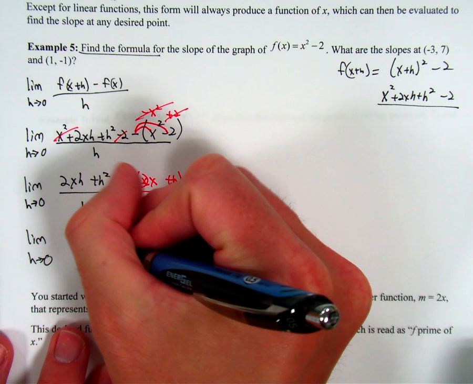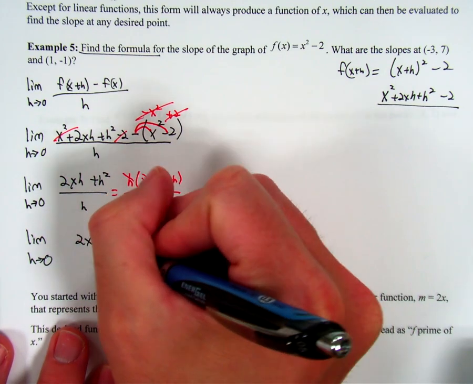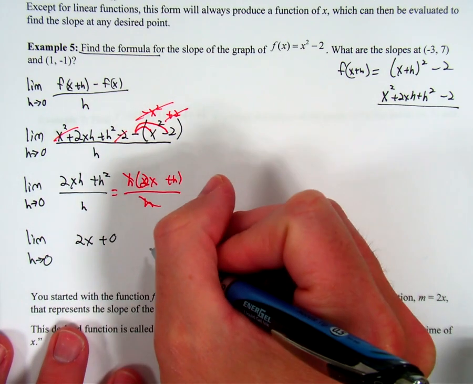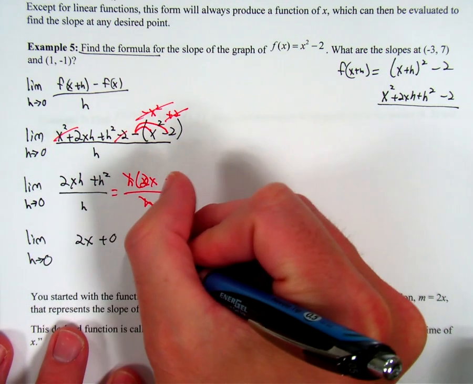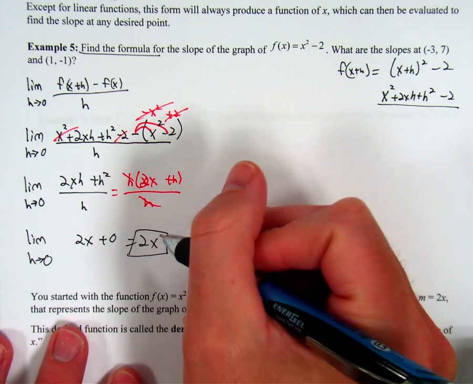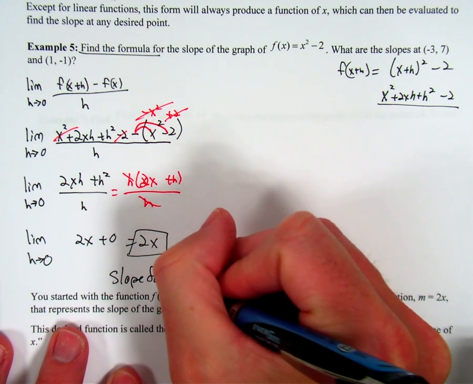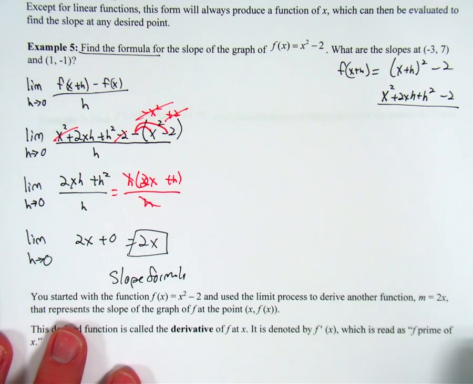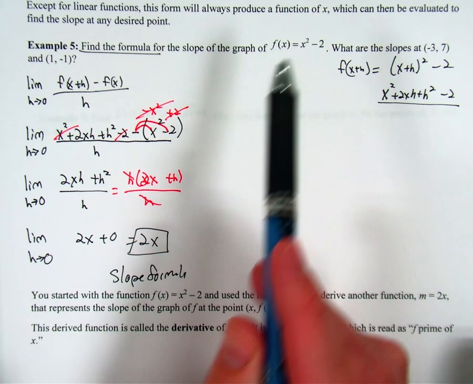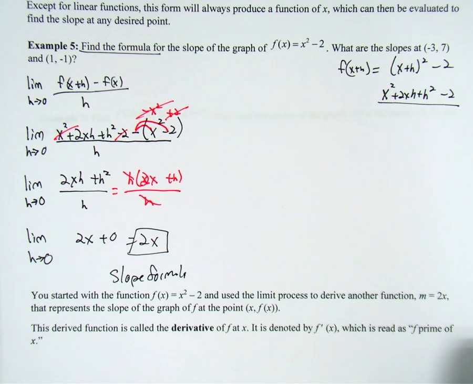And then we just have the 2x plus 0, or just 2x. That's our slope formula to find the slope anywhere on the graph of x squared minus 2.